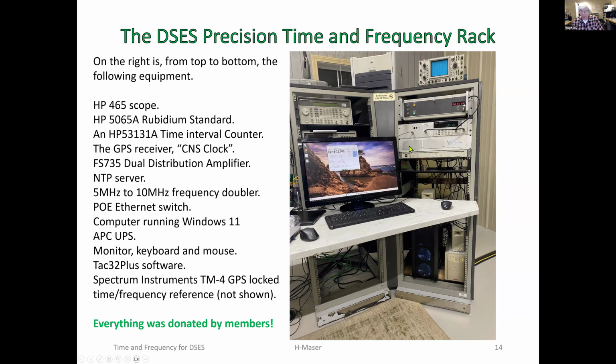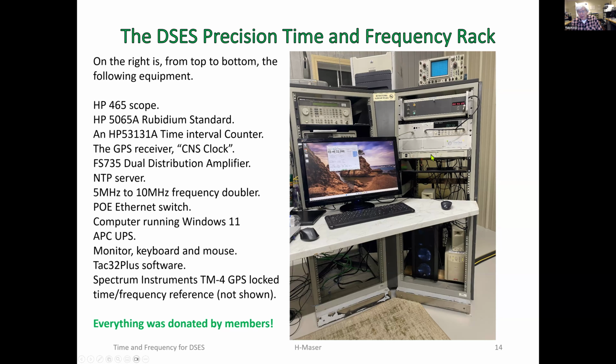Below that, in this rack, is a GPS receiver, which was specifically designed for this purpose and was calibrated. This individual receiver was calibrated at the USNO master site for the primary time and frequency for all of DoD.